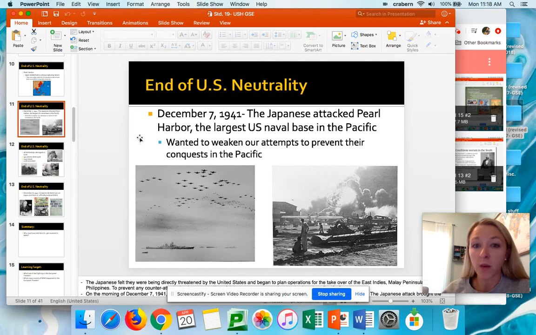It was in Hawaii. So they wanted to weaken our attempts to prevent their conquest in the Pacific. So the Japanese thought if we go and attack this massive naval base, then they won't have the force, the resources that they need to stop us from doing what we want to do.